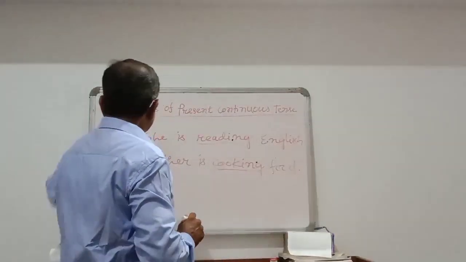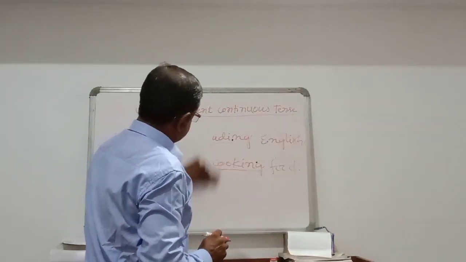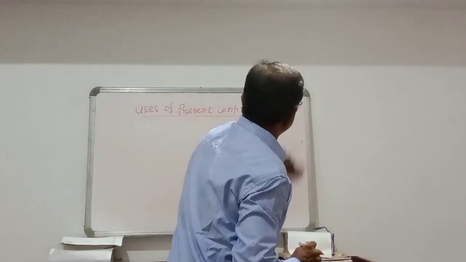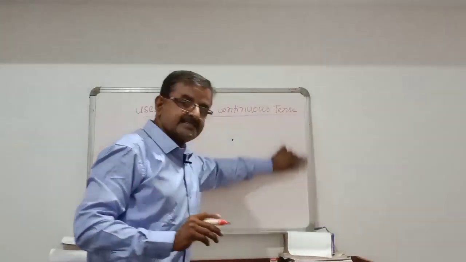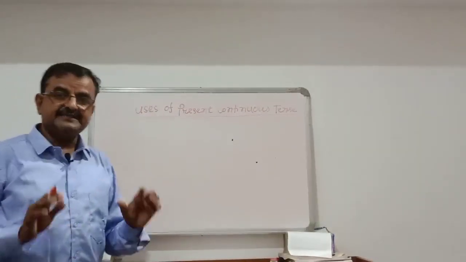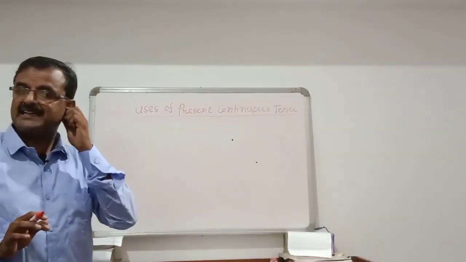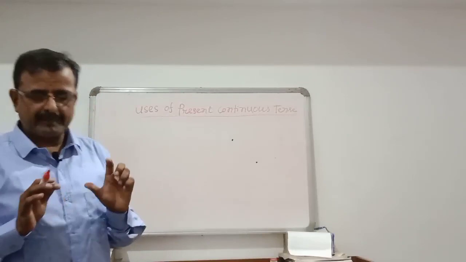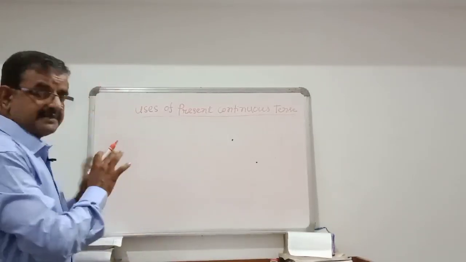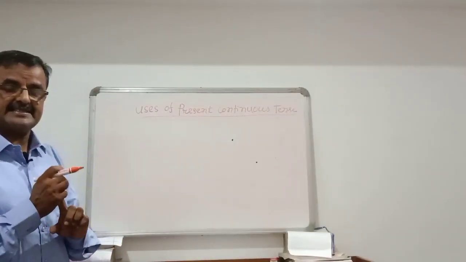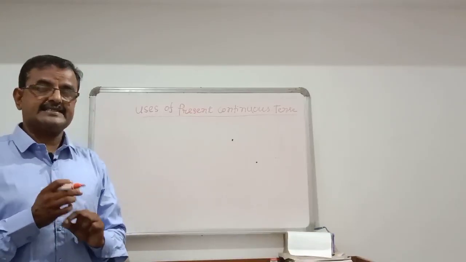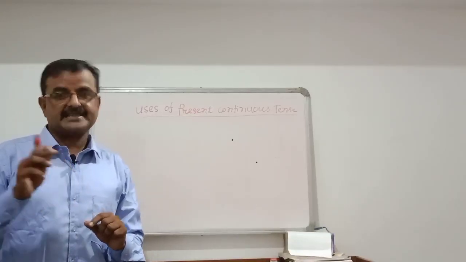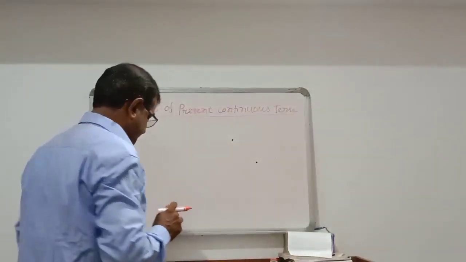The present continuous tense is formed with the be verb of the present tense, am, is, are, plus verb 1 plus ing and plus extension or others.